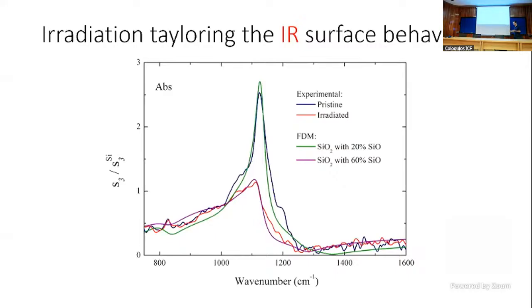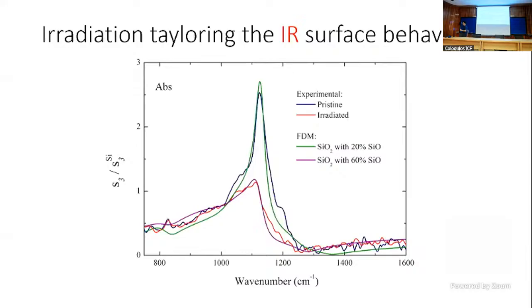So that's what we are saying about the sample before and after. There were some defects before already, that's what we found. But after the irradiation, it's higher. You see here the theory is not enough to explain this small peak here.